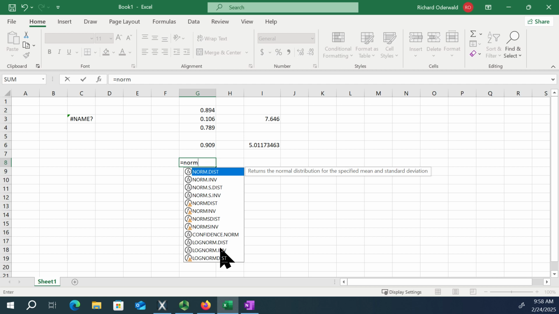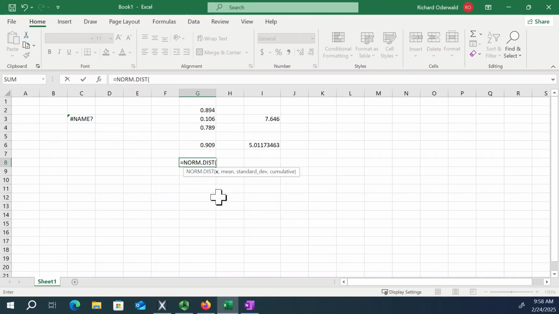That's why these things show up all the time. This is norm dot something. The norm without the dot is a backward compatible command, and you can actually use these. But we're up to date. We got norm.dist.